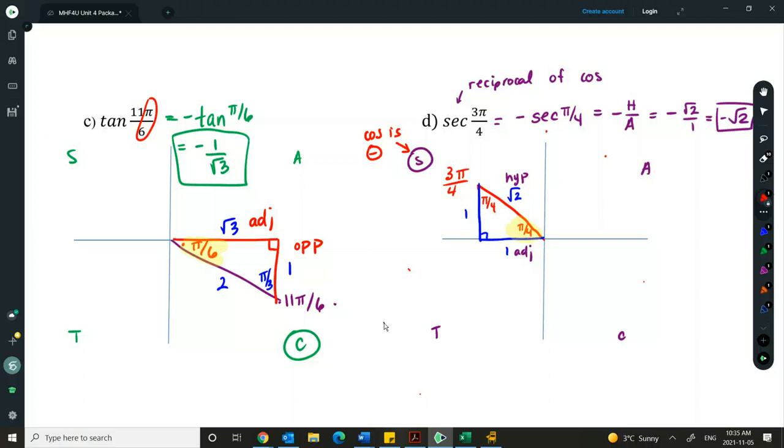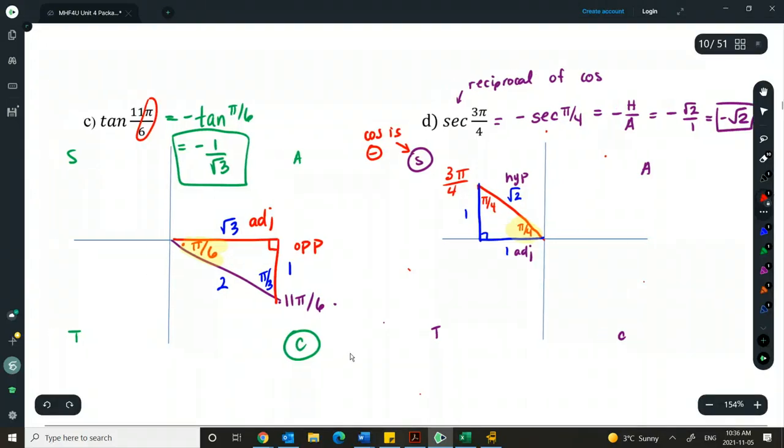Okay, so the cast rule tells us all ratios are positive in that quadrant, including the reciprocal ratios. In the S quadrant, sine is positive, but cos and tan are negative. And that means that their reciprocals will also be positive and negative where they are positive and negative. Does that make sense? Yeah. Okay. Any other questions on this one?